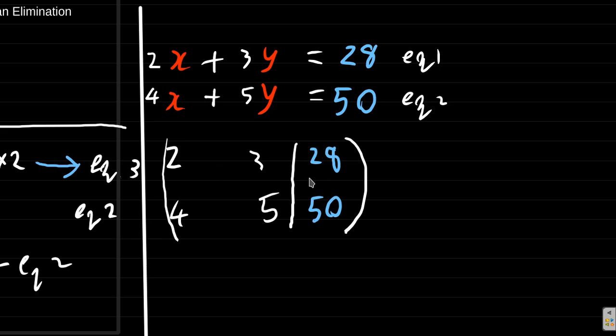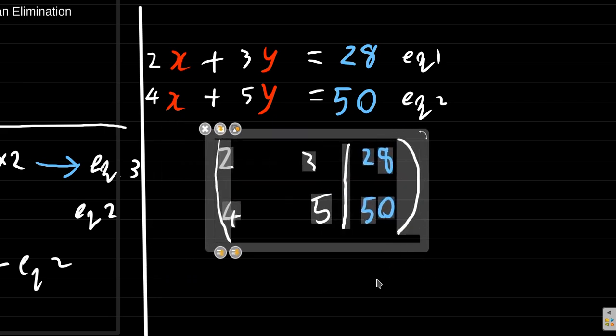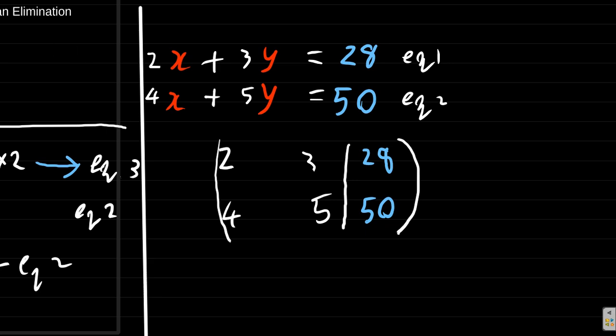So we've augmented the matrix. So these are the augmented matrices. Now, instead of equation 1 and equation 2, let me shift it over a bit. What we have are row 1 and row 2. We're not going to bother to write the word row. Just write R1, R2.